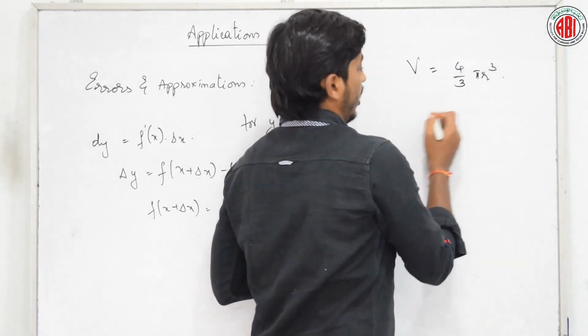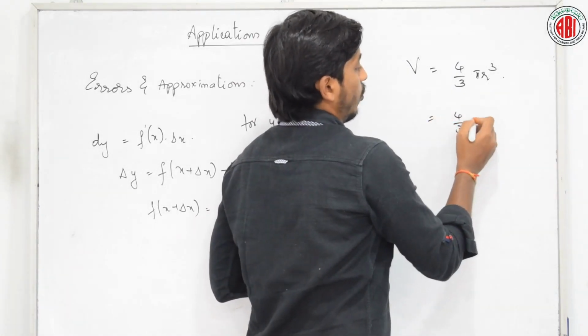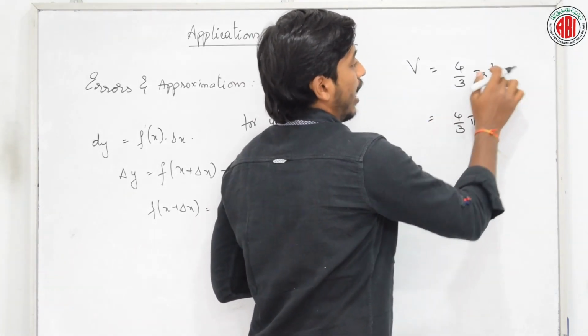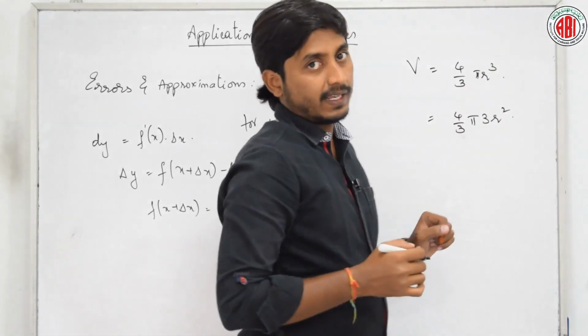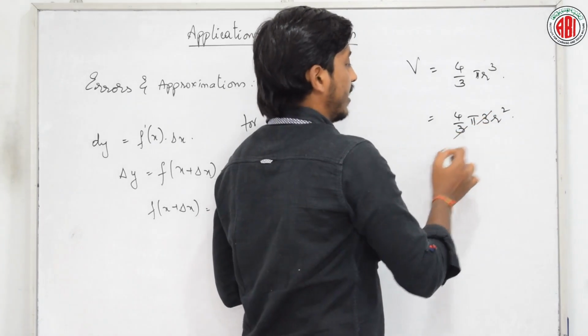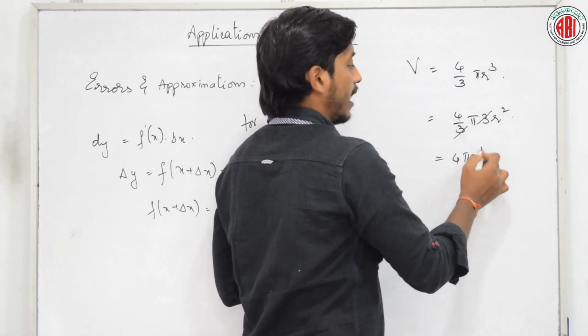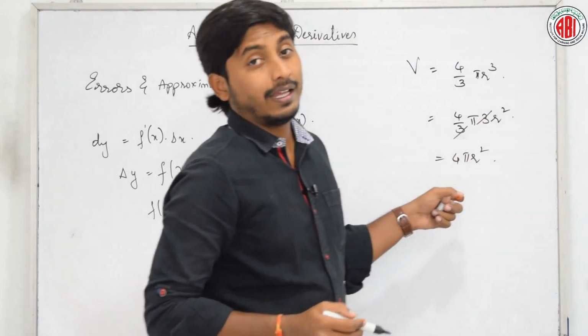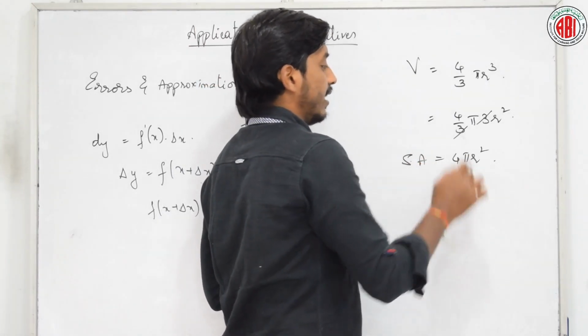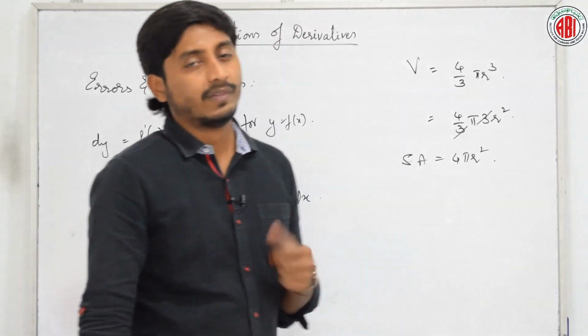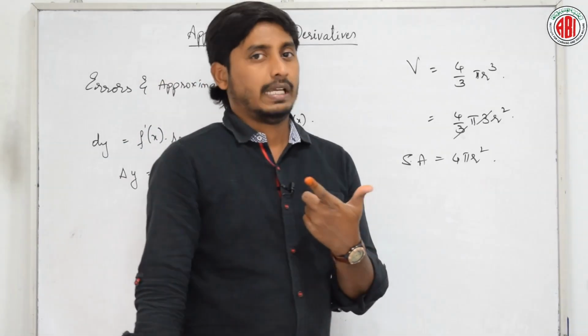If I differentiate it, I get 4 by 3 pi as constant, and the differentiation of r cube is 3r square, isn't it? If I cancel, what do I get? 4 pi r square. Any idea what it is? That is nothing but the surface area of a sphere. Yes or no? Yes, right?